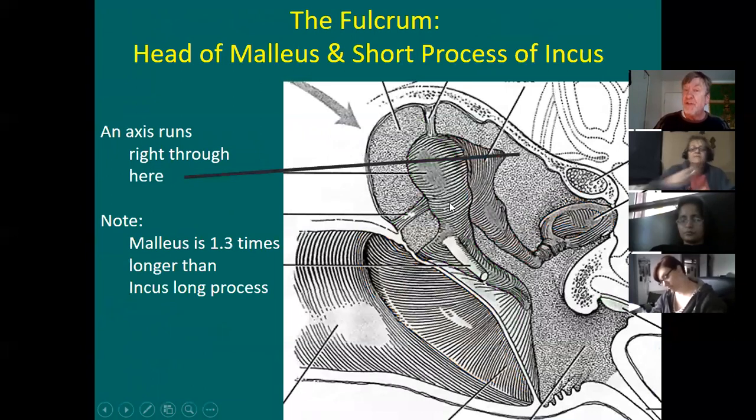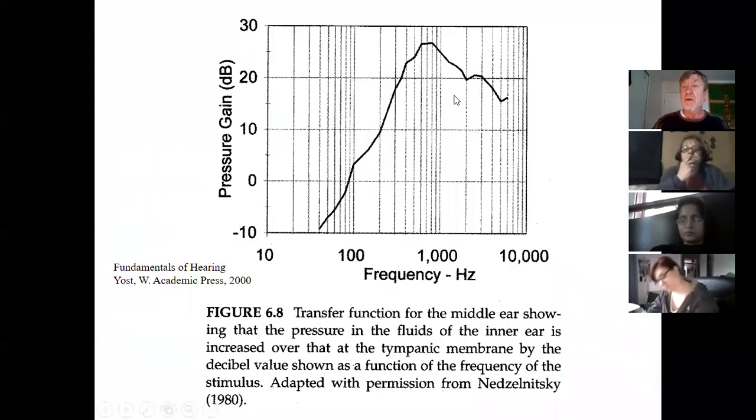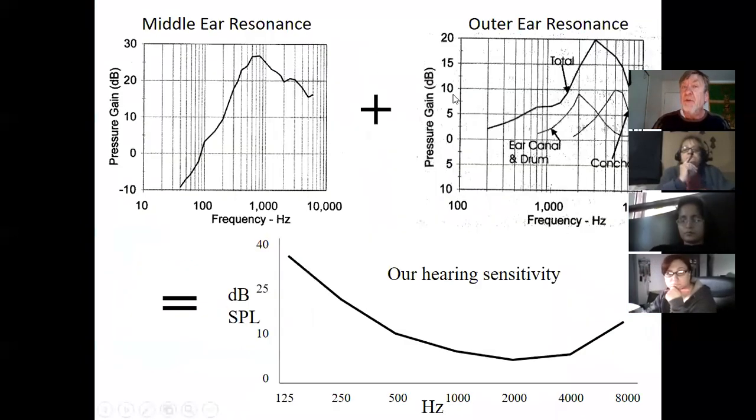That's what's being shown here. And then, when you look at the resonances of the outer ear, we covered that a couple of weeks ago. Your outer ear canal also has a resonance. And when you put these two resonances together, the middle ear and the outer ear, guess what you get?